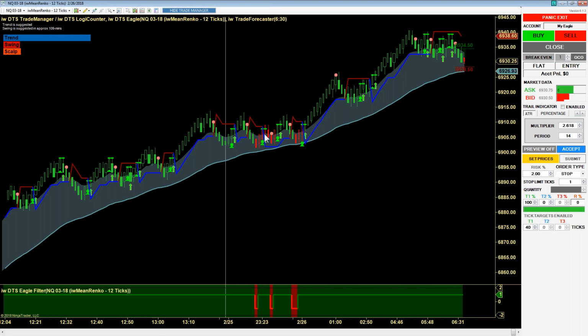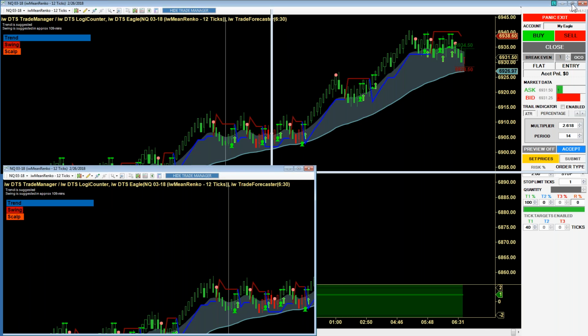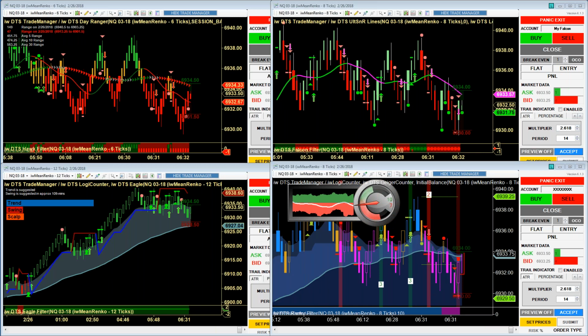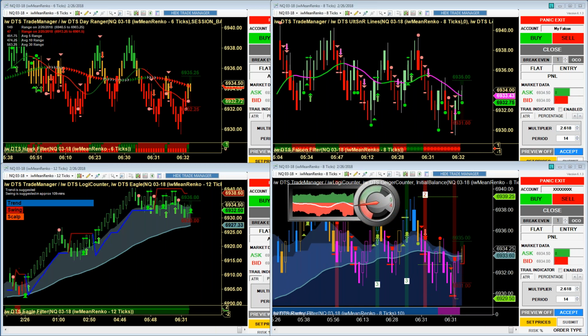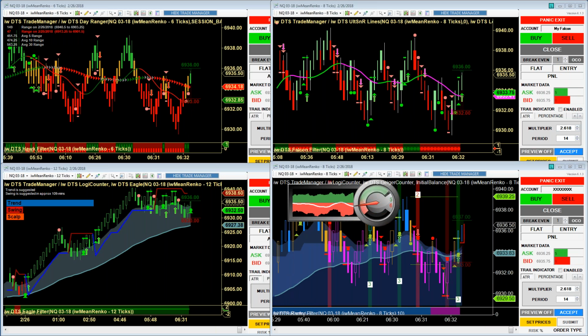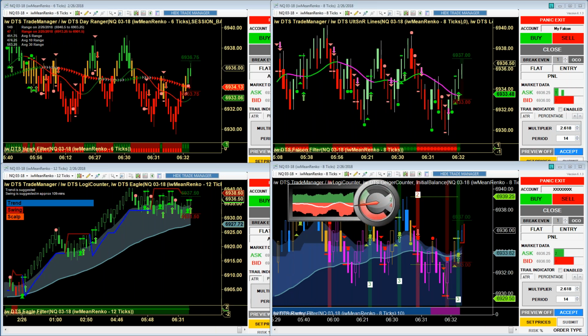And it almost looks as though the sellers may try to reverse that gap, that little overnight trend. Not going to rush into anything just yet.